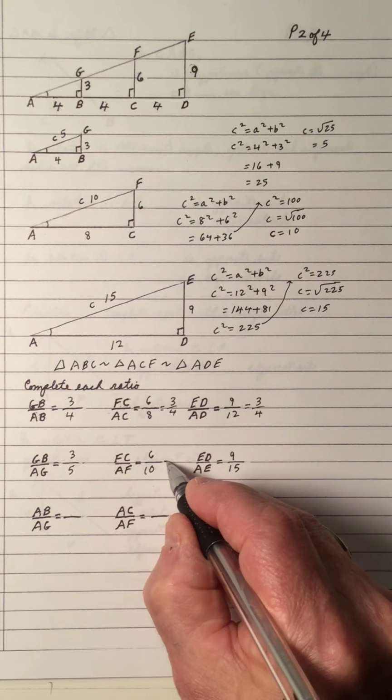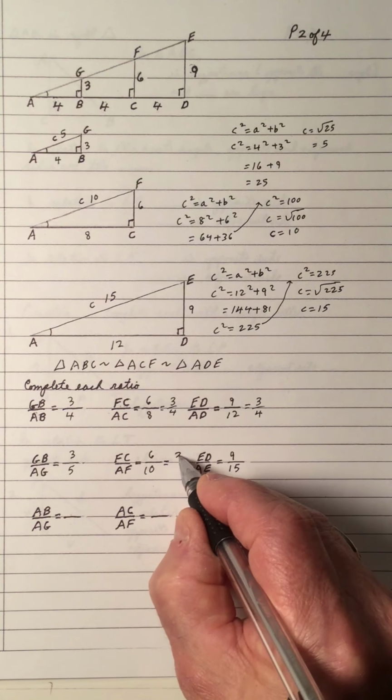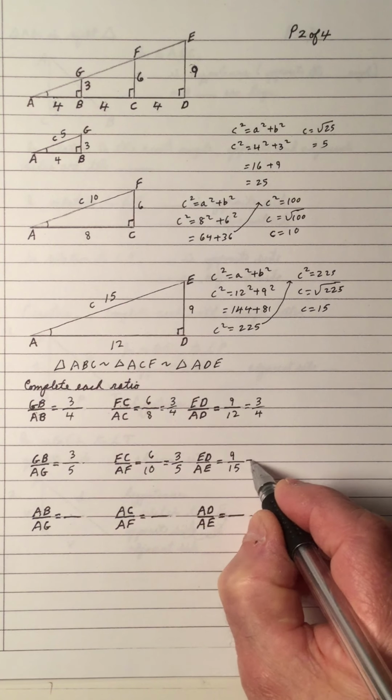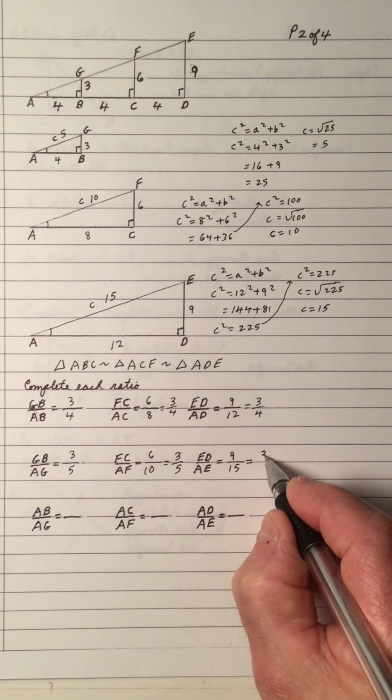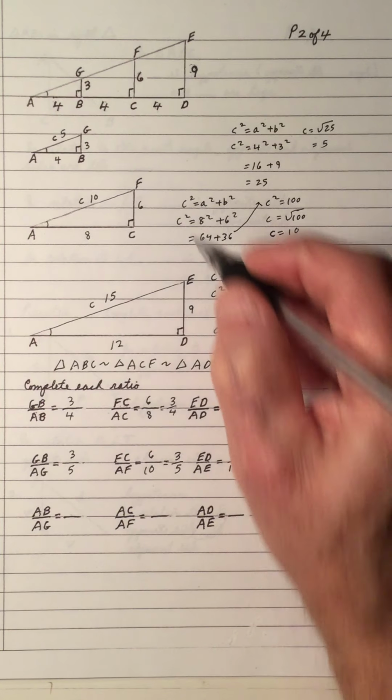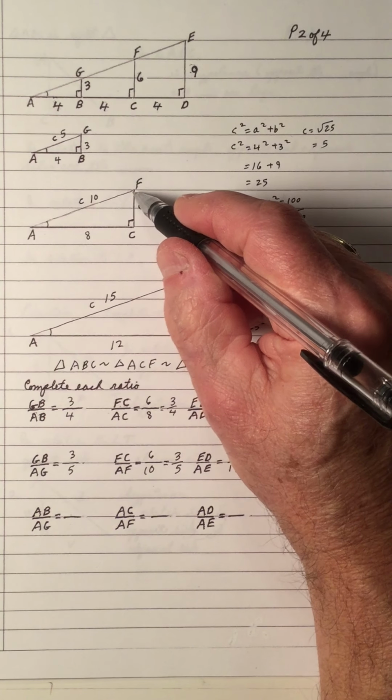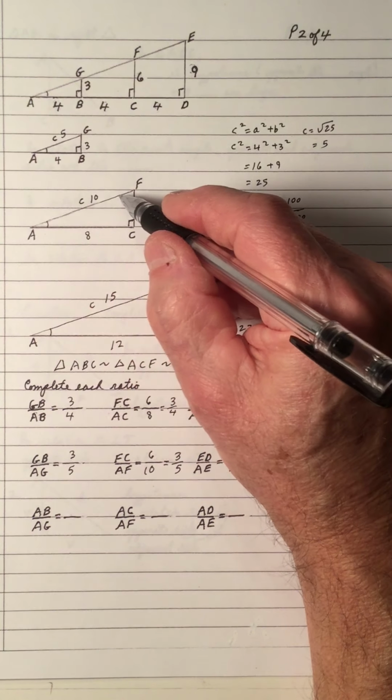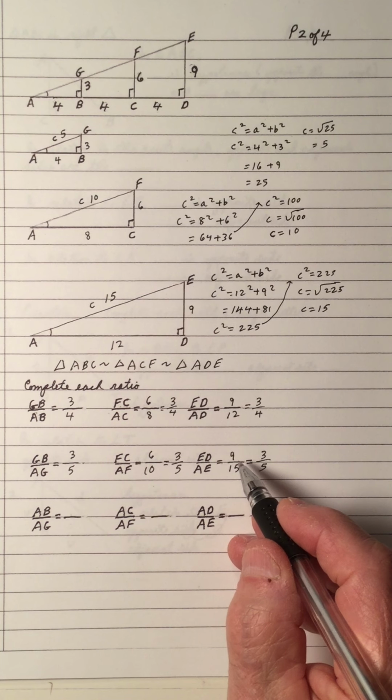Again, notice that 6 over 10 reduces to 3 over 5. 9 over 15, divided by 3, reduces to 3 over 5. Again, the relationship between this side and the hypotenuse is the same ratio.